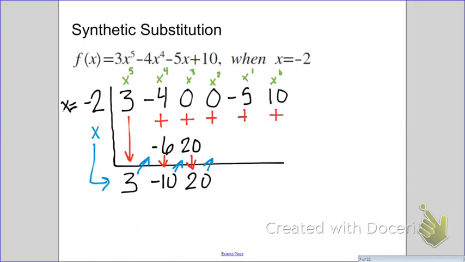Now we multiply up. -2 times 20 is -40. Now we add down. 0 plus -40 is still -40. Again, multiply by -2 up, and you get +80.